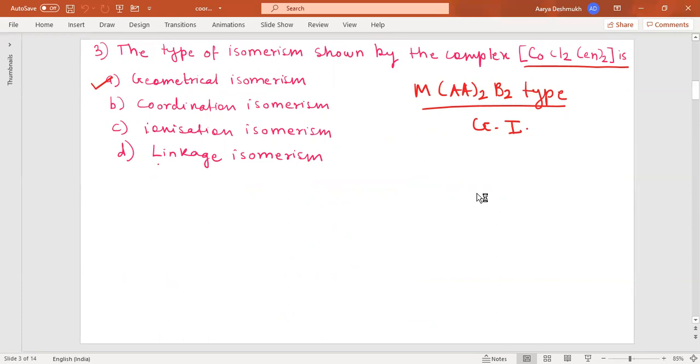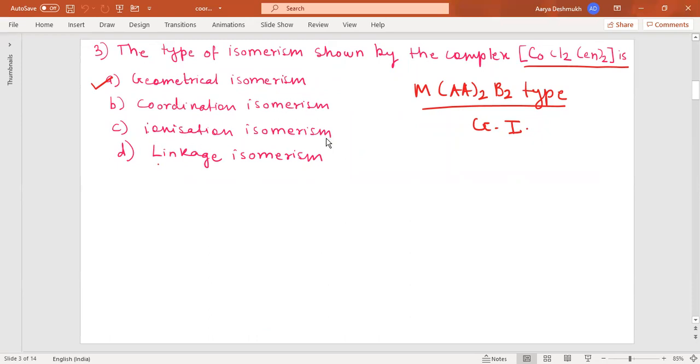Now the third question. The type of isomerism shown by the complex [CoCl2(en)2], where en means ethylenediamine. So here this is the M(AA)2B2 type of complex. Now if you are aware of the definitions or the concept of coordination compounds, this is not a coordination isomer.